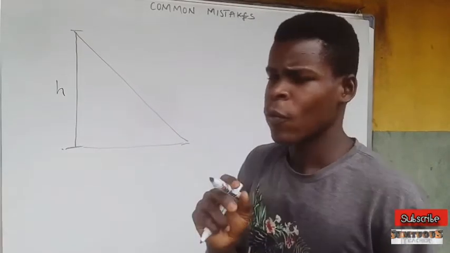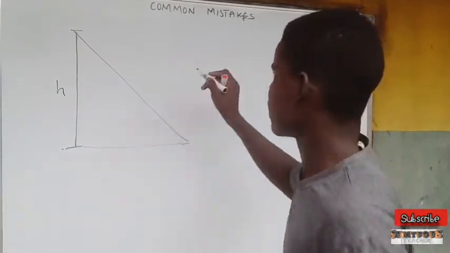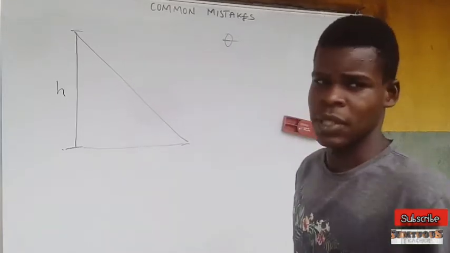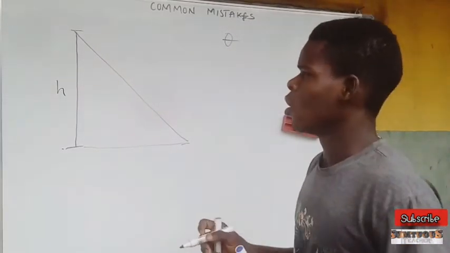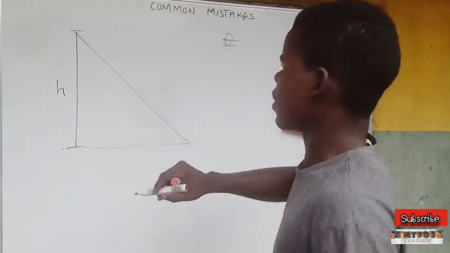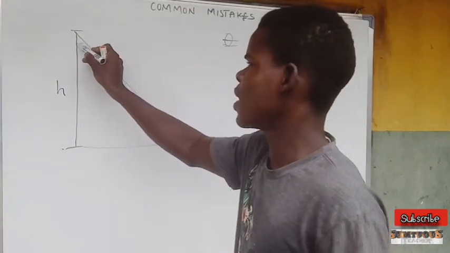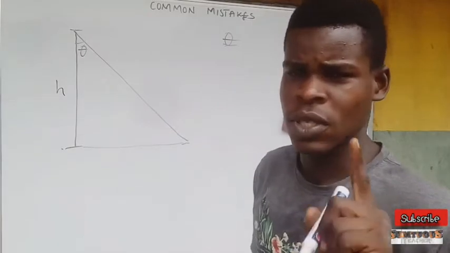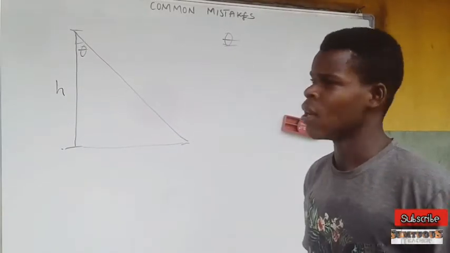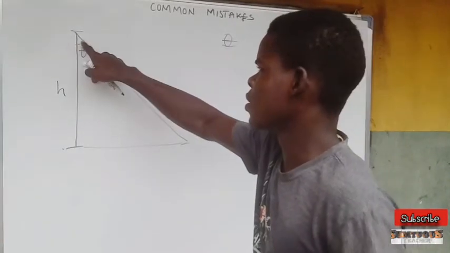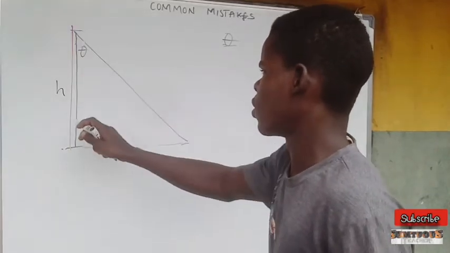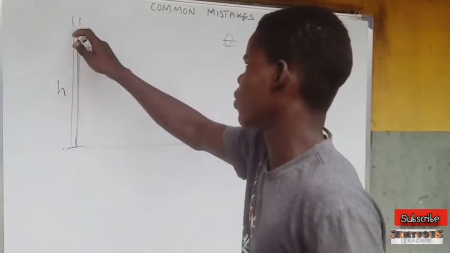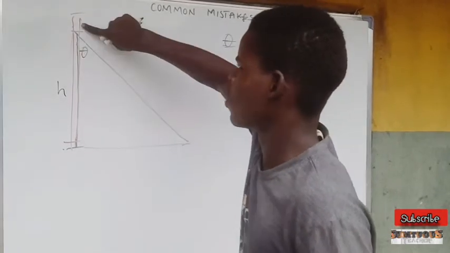Now, when you're given that the angle of depression is theta, theta can be 30 degrees, 45 degrees, whatever angle they give you. This theta wouldn't be here. It would be wrong to say so. This is actually a tower, and this is the top.